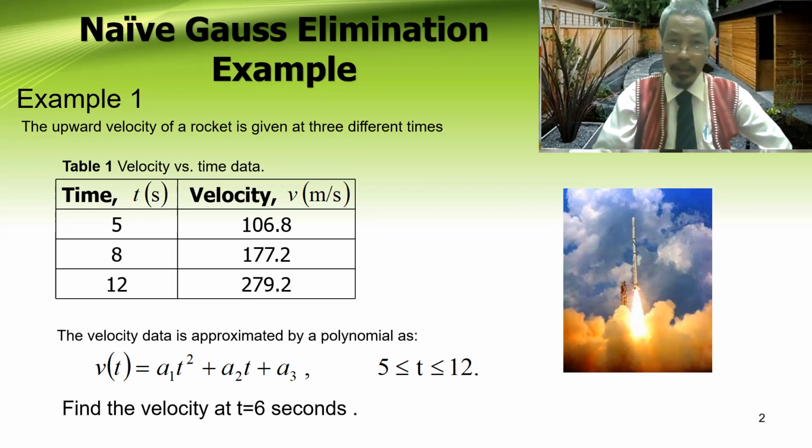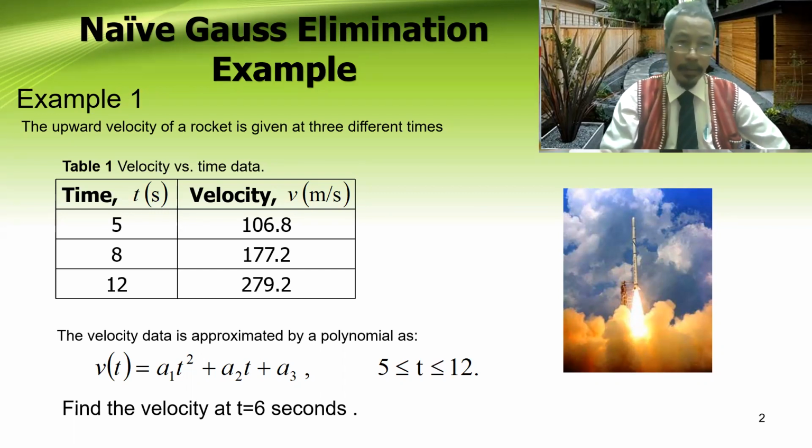You will see that the procedure is quite easy. It's like an algebraic procedure. So actually, that's correct. And let us formalize our Naïve Gaussian elimination method.